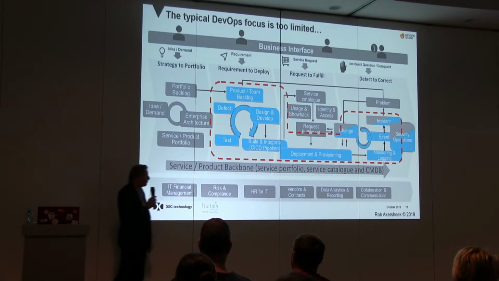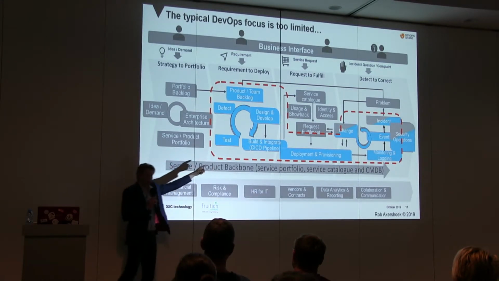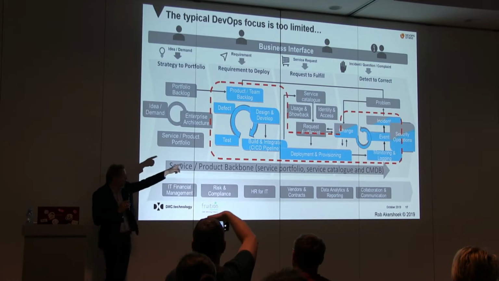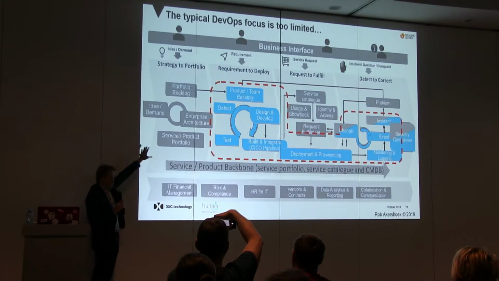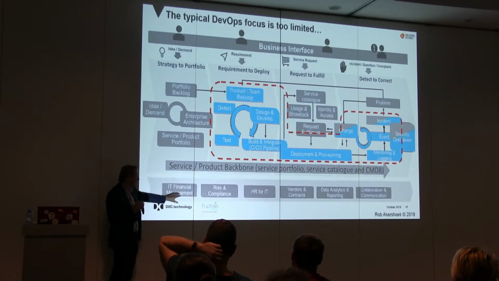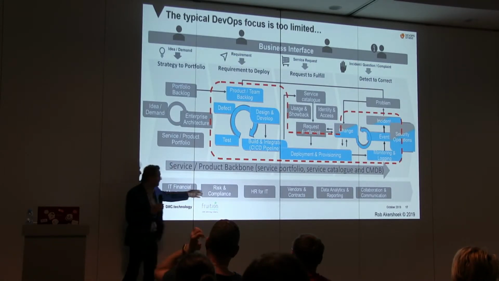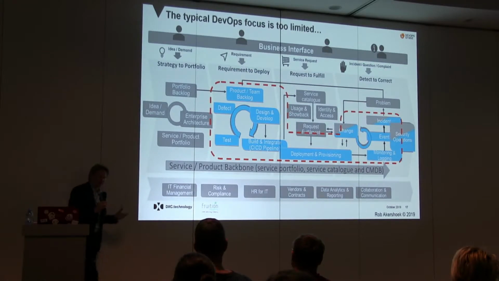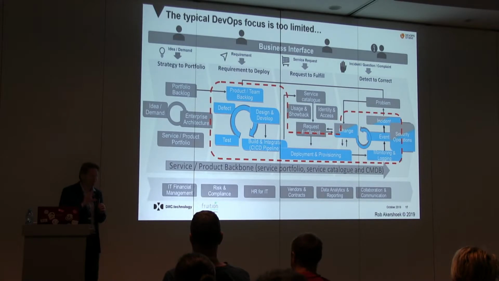But somehow we often forget the business. They need to request access to our services. We forget the feedback loop. We don't manage architecture and portfolio very well. We don't have our product administration up to date, and we typically forget how to integrate risk and compliance into that. So most of the DevOps scope is very limited to a subset of what you need.